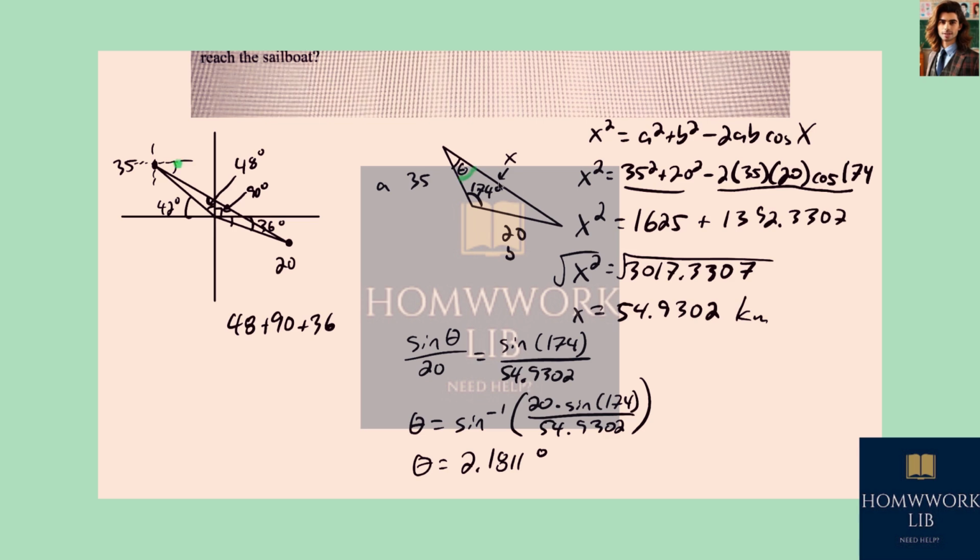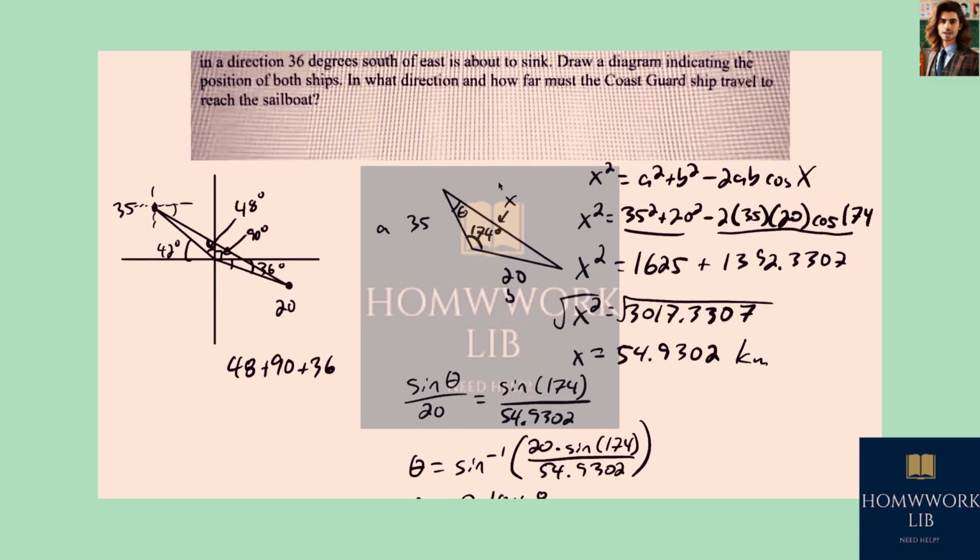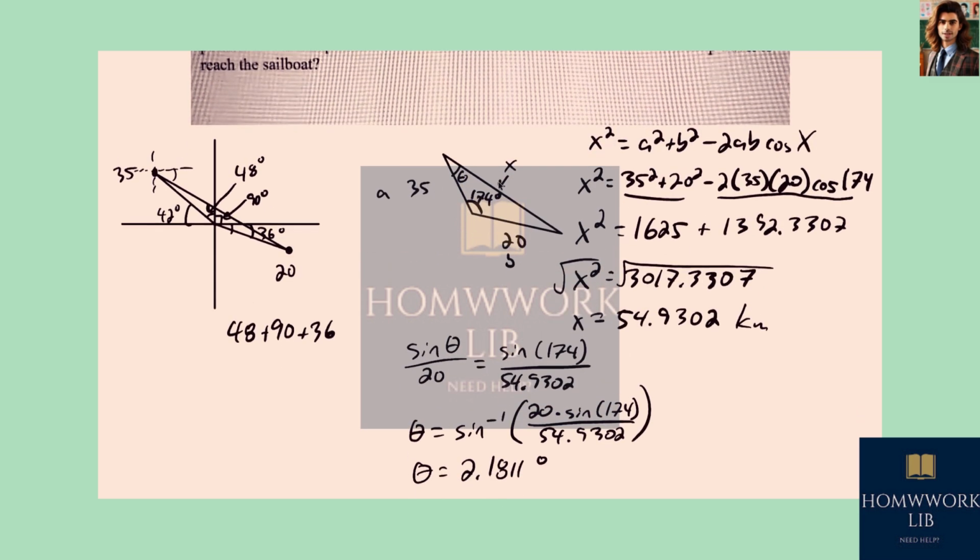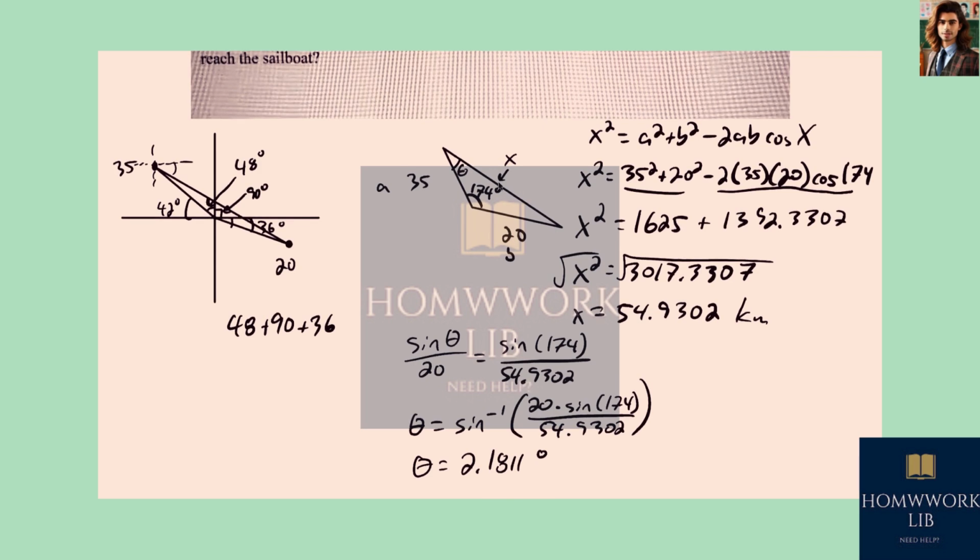The actual angle I want is the one on the outside to get the bearing, because it says what direction and how far must they travel. So what I'm going to do is take 42 degrees and subtract that. Because again, 42 is here. This is also 42 to go from there to there. But I'm going to subtract the little piece that's in here to get to this angle. So that angle would be 42 minus 2.1811, and I get 39.8189 degrees.